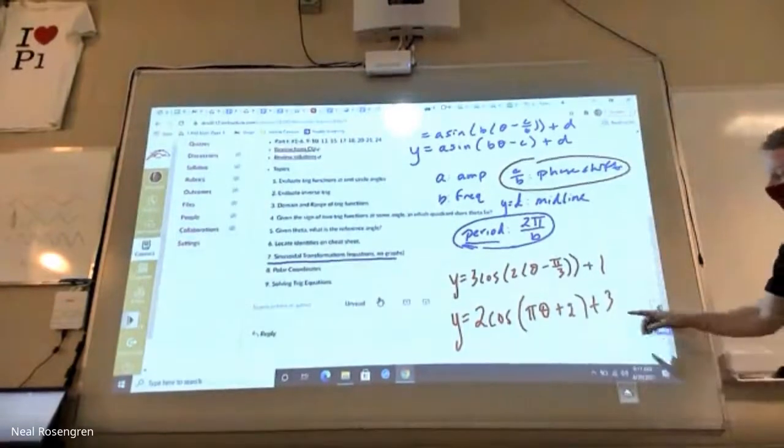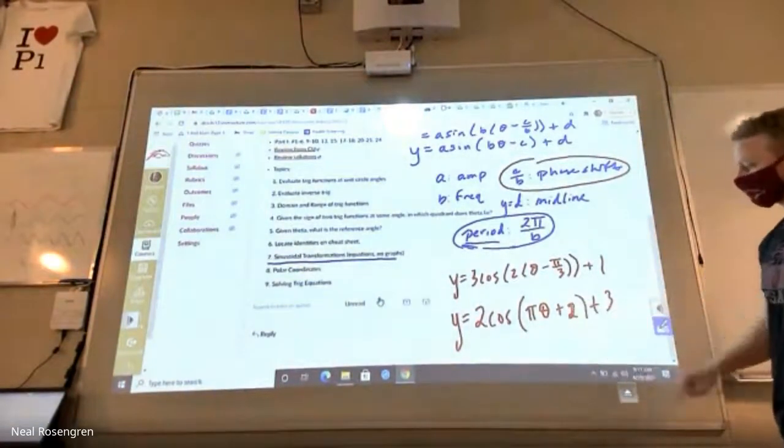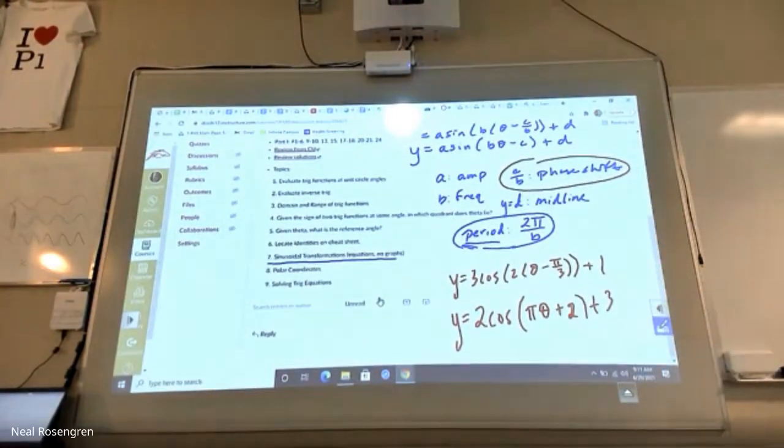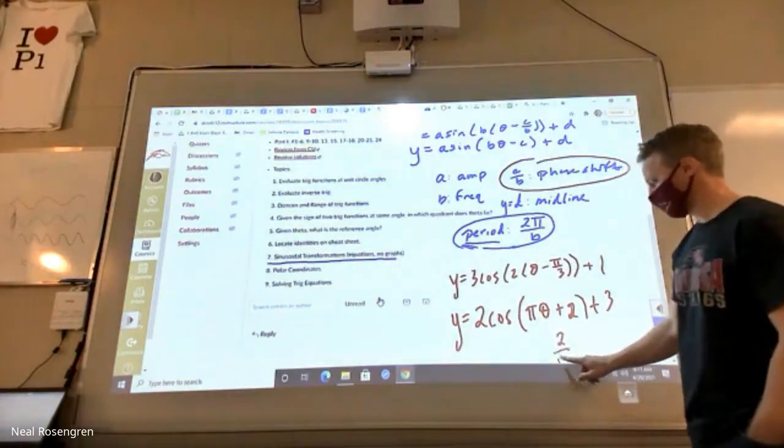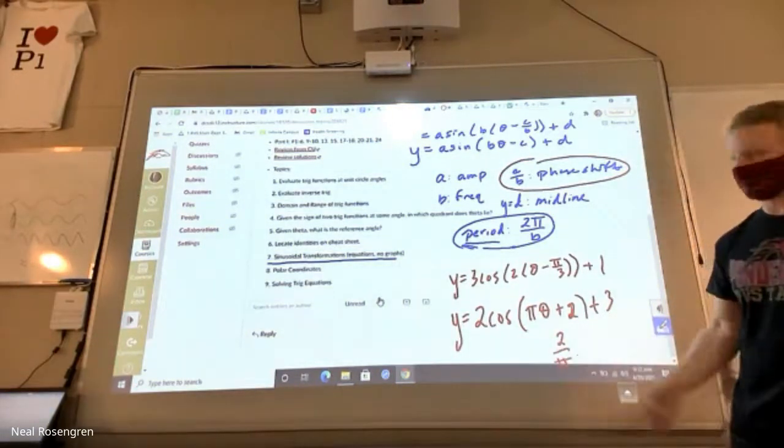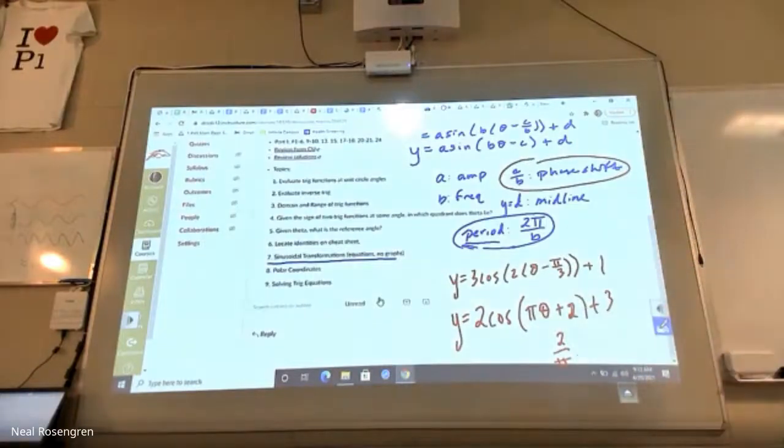Where they don't pull the pi out and they ask us for the phase shift. An answer like negative 2 is going to be there for sure. Whereas the reality is that the phase shift is 2 over pi, c over b, because it hasn't been taken out yet. And obviously 2 over pi is not a nice phase shift, so just make it up. Maybe those are switched to theta plus pi, and then pi over 2.